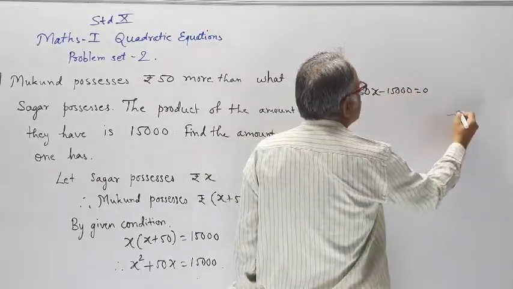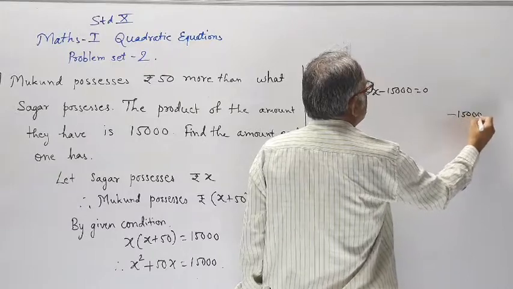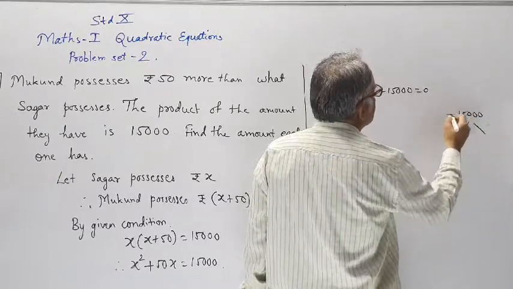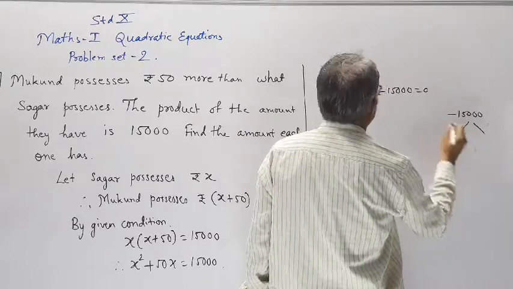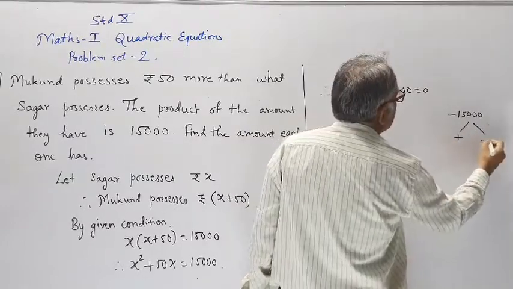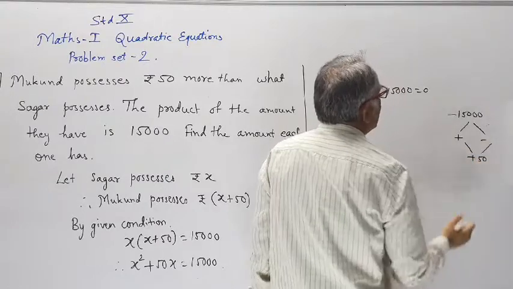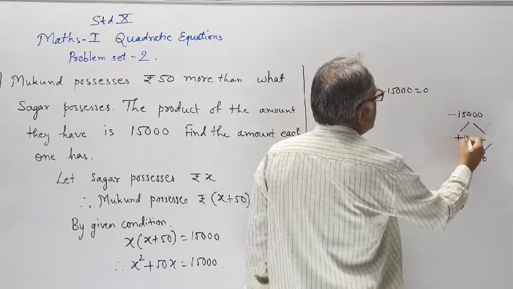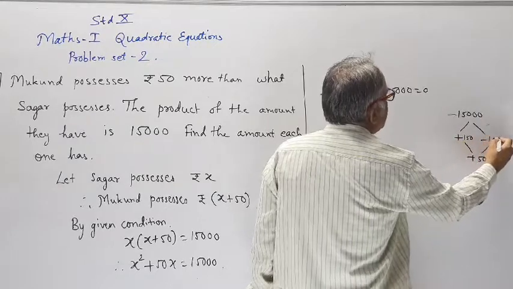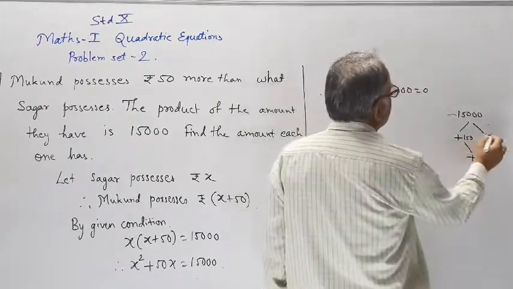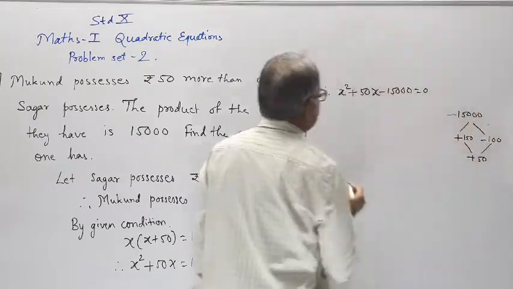Rough work. Product is negative 15,000. As the product is negative, the last term is negative, the factors have different signs; the greater will take the middle term sign, the other will take the other sign. We want total plus 50. And it is very easy. 150 and 100: plus 150 minus 100 is plus 50, and plus 150 and minus 100 product is minus 15,000.